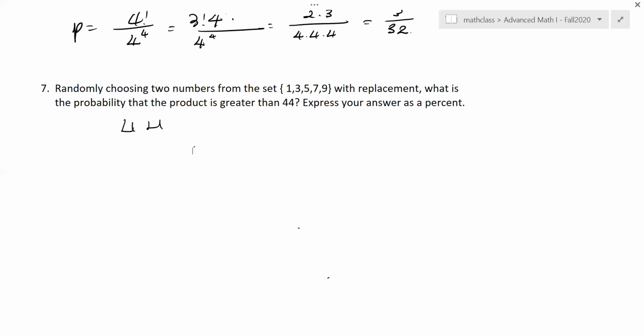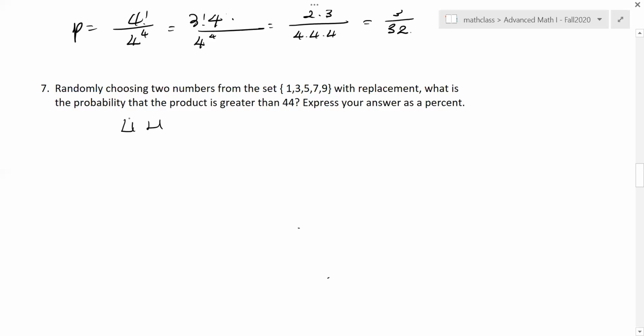So here 2 numbers. When we're talking about the product, the order doesn't matter. But be careful, we have to choose one by one, because these 2 numbers can be identical. So you just write down 2 numbers.